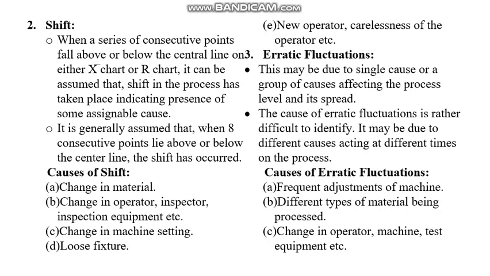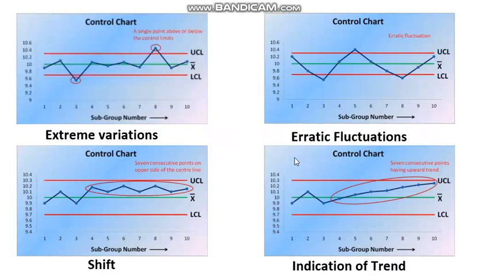It is generally assumed that when 8 consecutive points lie above or below the center point, a shift has occurred. Now let us see here. This is the shift. The process was going like this, and now suddenly 7 points are on one side. It is not that the points have fallen outside the control limits.